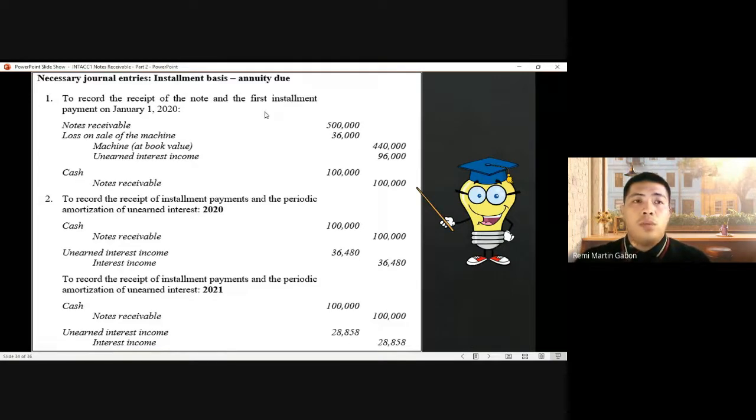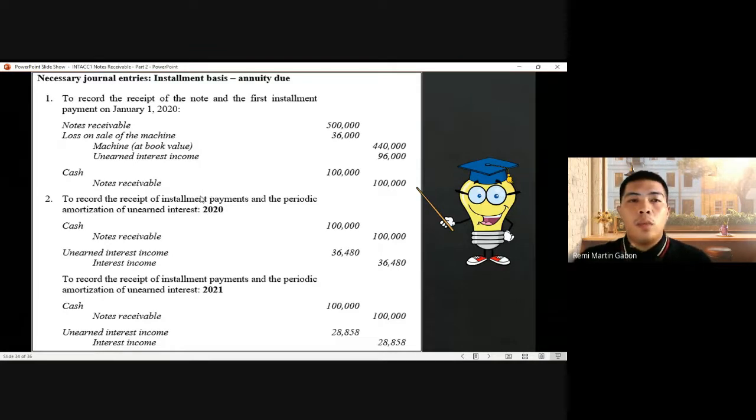So debit cash and credit notes receivable. Ay, hindi pala ng customer, ng party paying or payor. Basta yung first collection natin. Debit ng cash and credit notes receivable for 100,000.